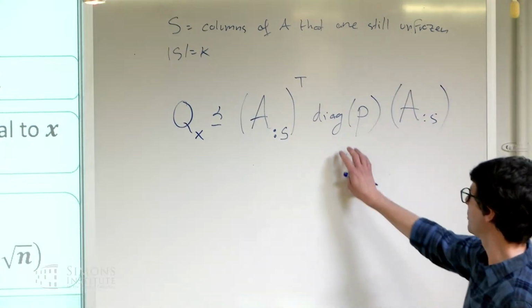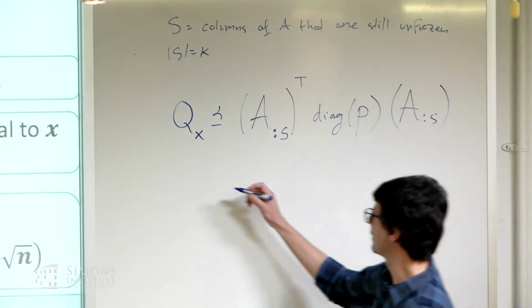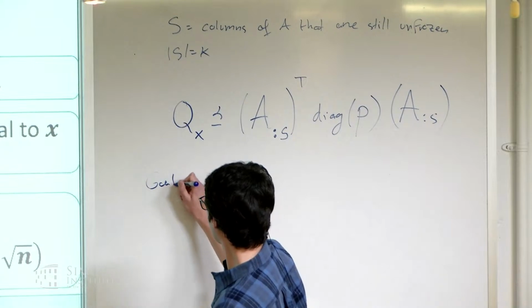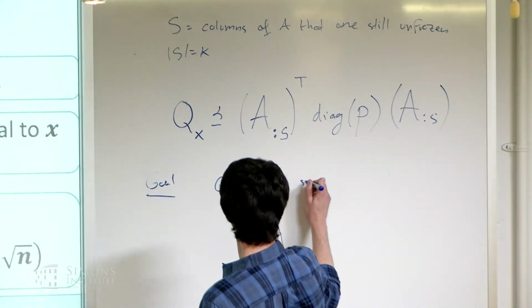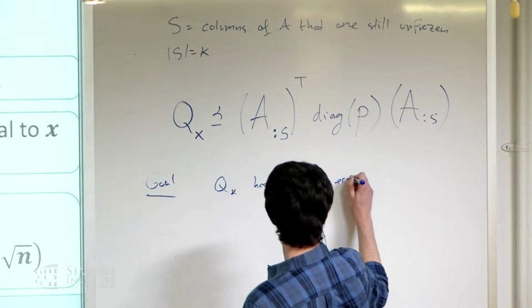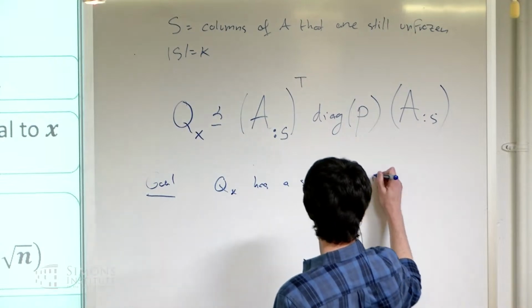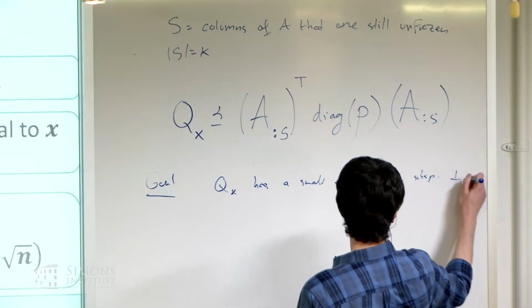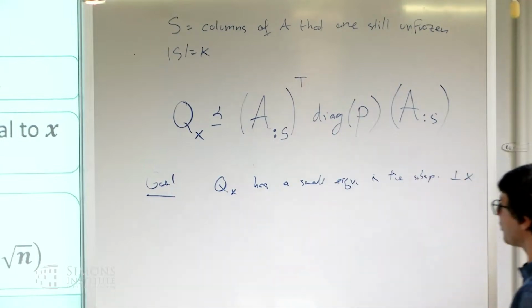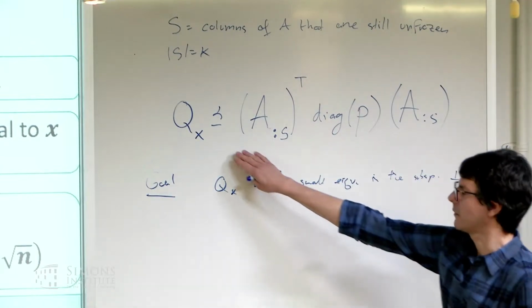And what I want to prove is that Qx has a small eigenvalue in the subspace orthogonal to x. Now, how do I prove the existence of a small eigenvalue for this matrix?